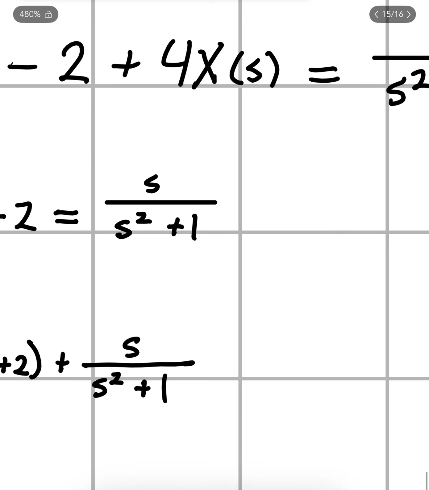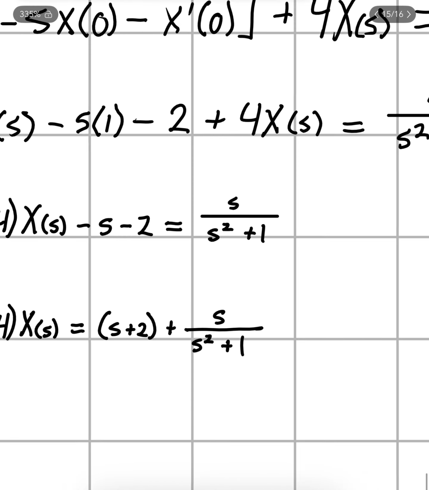The next thing we can do is divide out the s squared plus 4.